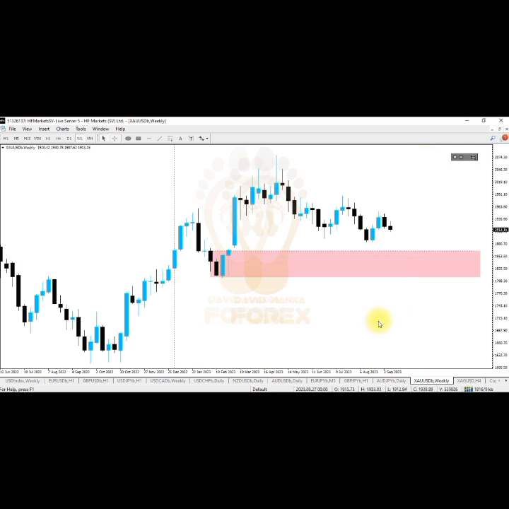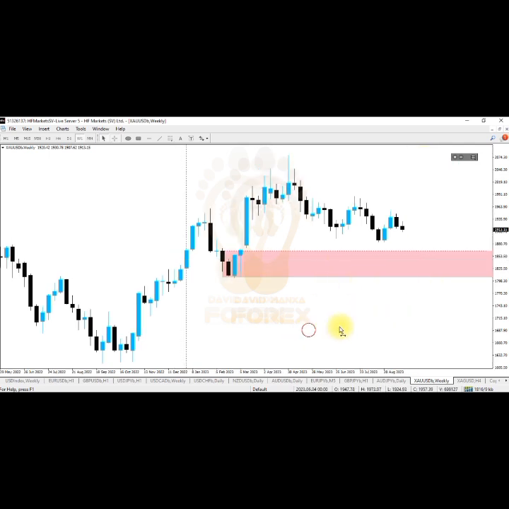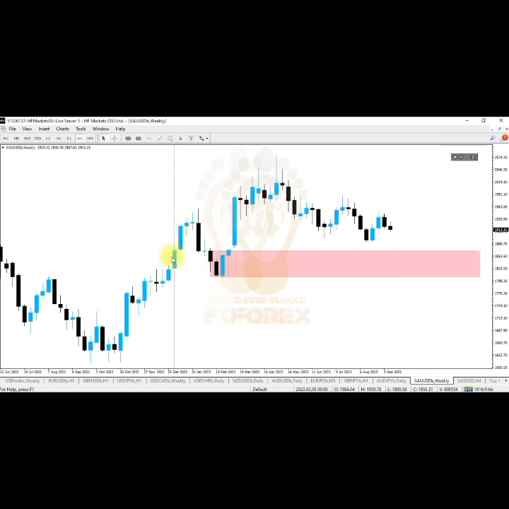Okay, so let's confirm this level. Let's see if it is actually a real demand level for gold. So this happened around what time? March 2023.